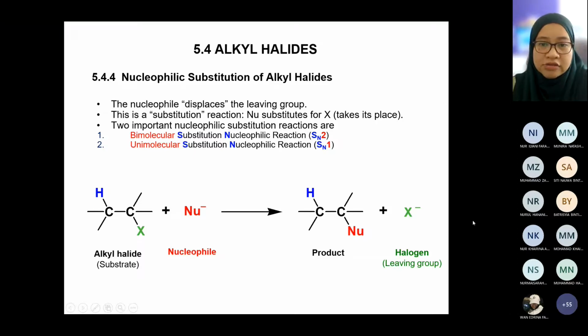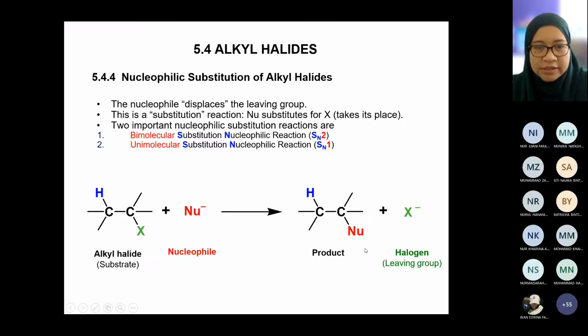SN2 is so named because it involves a bimolecular substitution nucleophilic reaction, whereas SN1 stands for unimolecular substitution nucleophilic reaction. Uni means one; bi, on the other hand, represents two. We will look into these two reactions in detail in the later slides.